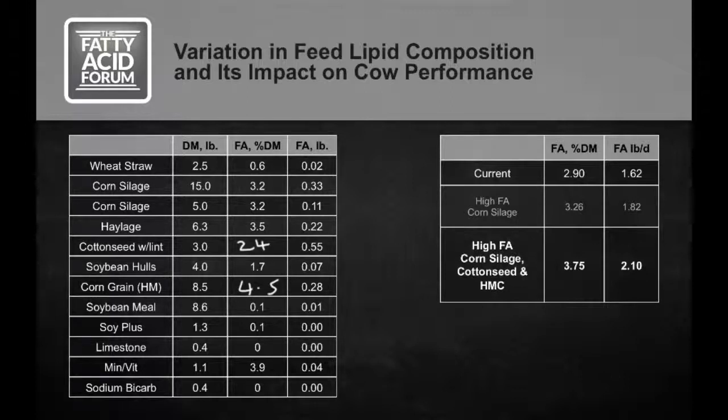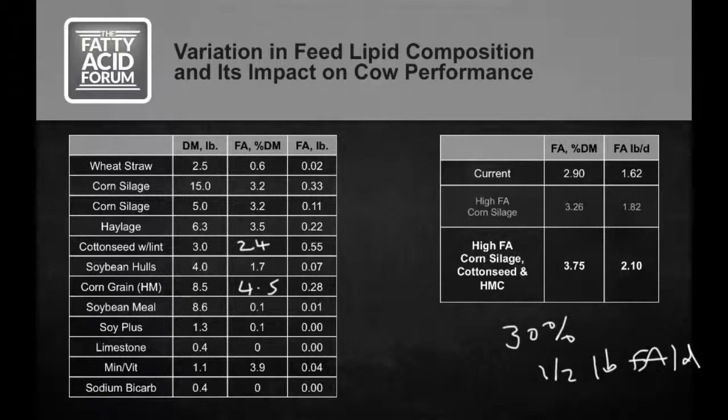So you can see this has quite a considerable impact on total fatty acid concentration, going from 2.9 now up to 3.75%, and increasing total fatty acid intake to 2.1 pounds per day. This is actually the equivalent of a 30% increase in fatty acid intake, or approximately half a pound of fatty acid increase per day.